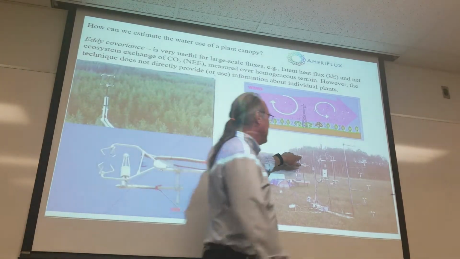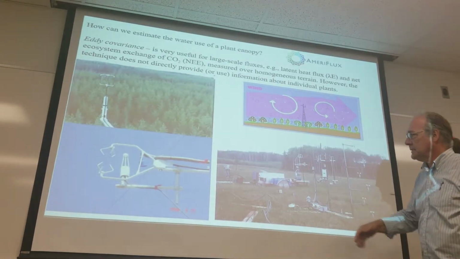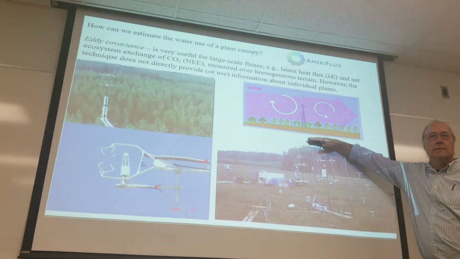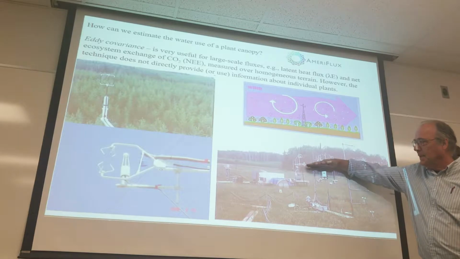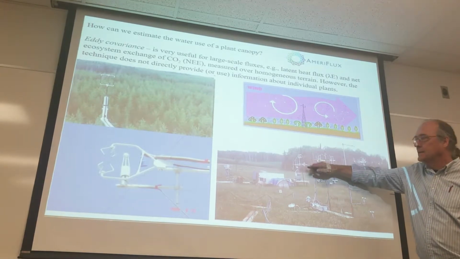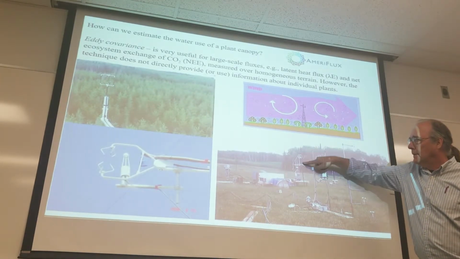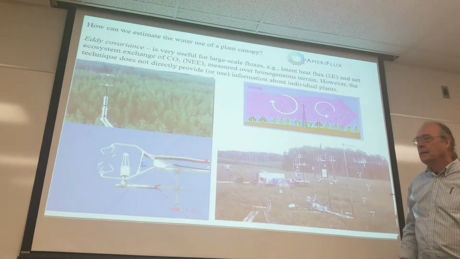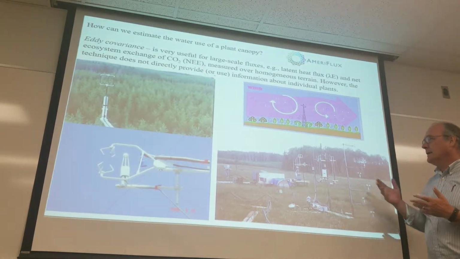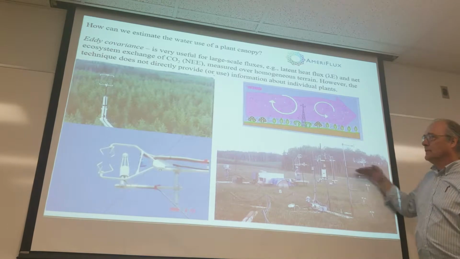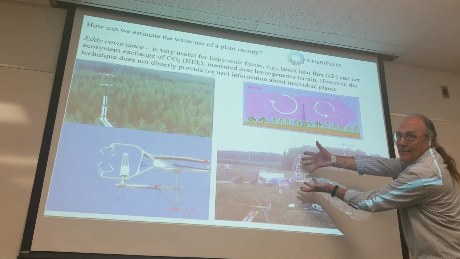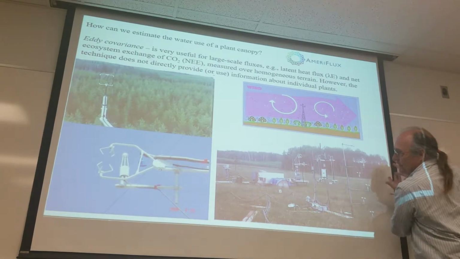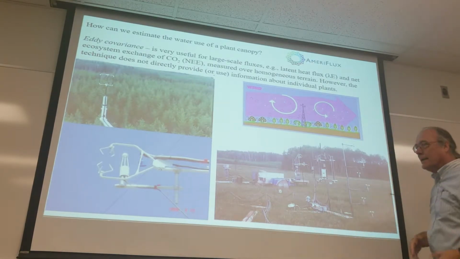This comes with a set of assumptions, one of which is that the flux is constant with height. If you get far enough away from the canopy, you measure it here, or here, or here, and it's not going to vary. The other is that there aren't advective terms. You don't have water vapor or CO2 coming in the side of this system.